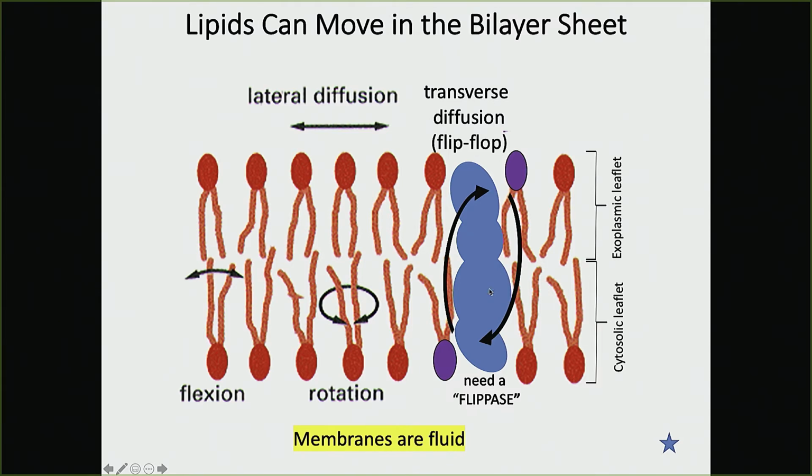Why is it so? Remember that you have the polar head group. This polar head group has to actually travel through the hydrophobic core onto the other side, which is not a favorable interaction. It is energetically not favored.